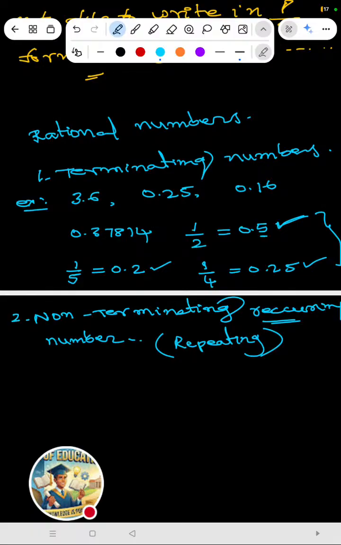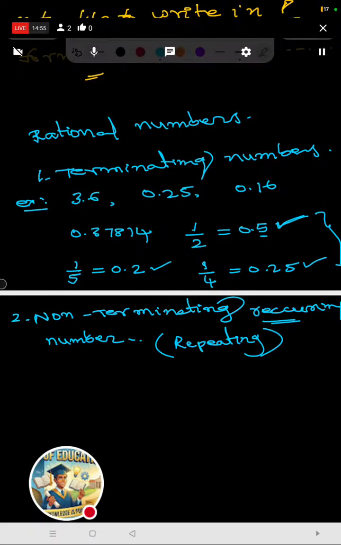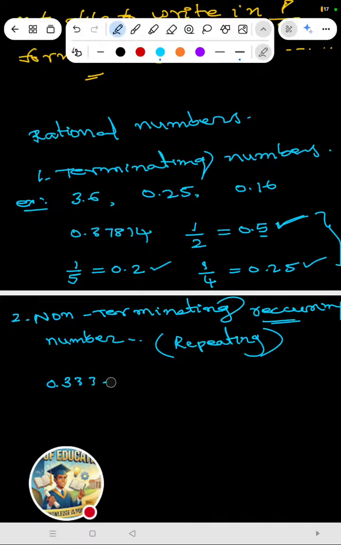After some decimal places the number will repeat. For example, 1/3 in decimal form is 0.333 and it continues. 1 by 9 is 0.111 and it will continue.